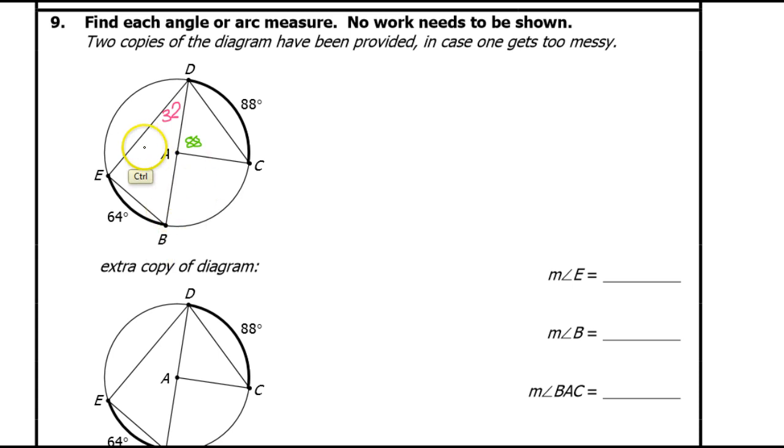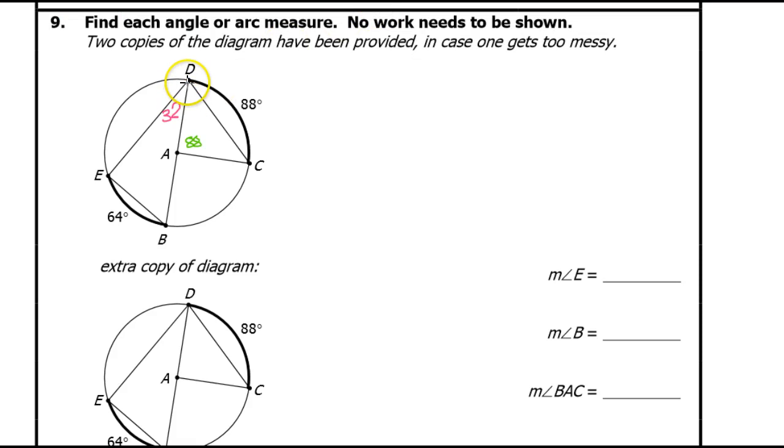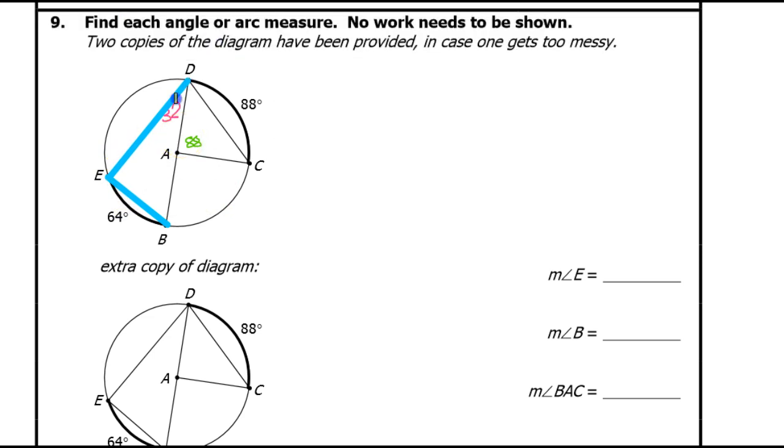Okay, now, going back to that other triangle for a second, I'm going to go ahead and look at this as a triangle with me. Okay, right away you should know what angle E is. The reason is that angle E is on the circle.